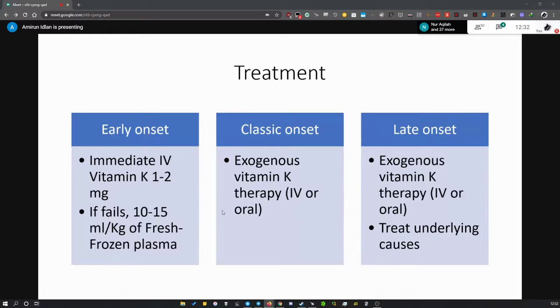And then for classic onset and late onset, you also use exogenous vitamin K therapy, whether IV or oral. And we must remember not to give it intramuscularly, because intramuscular can cause hematoma at the injection site and cause more severe bleeding. And late onset will be associated with other underlying causes, so we must treat the underlying causes as well.